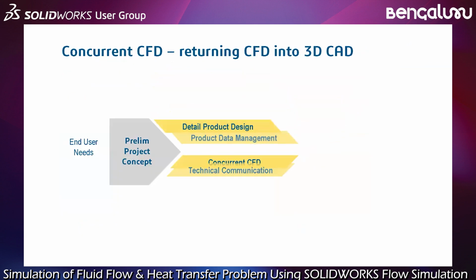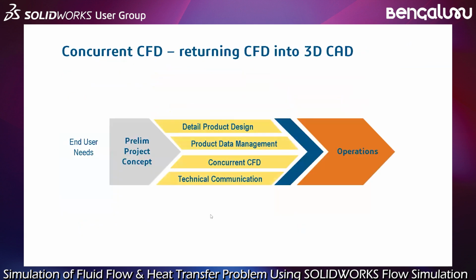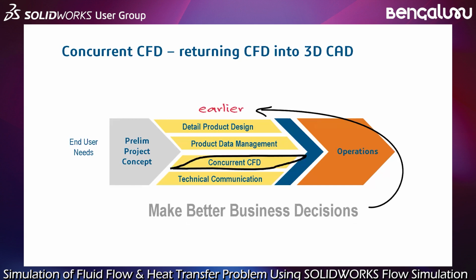Today, we have to deal with what we are naming concurrent engineering. Concurrent CFD means while you are progressing in the design, you can do some simulation, take decisions to change your design and go further. This is why, if we start early in the process, it's available for any simulation, of course, okay?